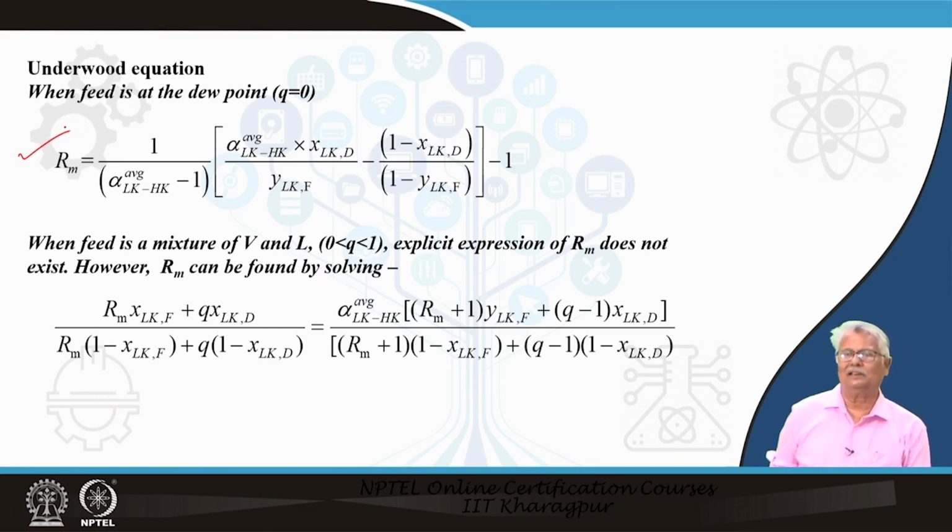When it is a mixture, the expression is rather complicated and you cannot have an explicit expression in Rm, but there is a relationship which can be solved by trial and error. If I know my Q, my X values, and my alpha, by trial we can solve this and find out my Rm.